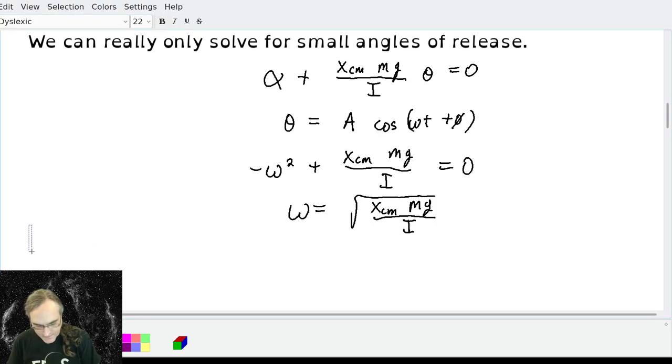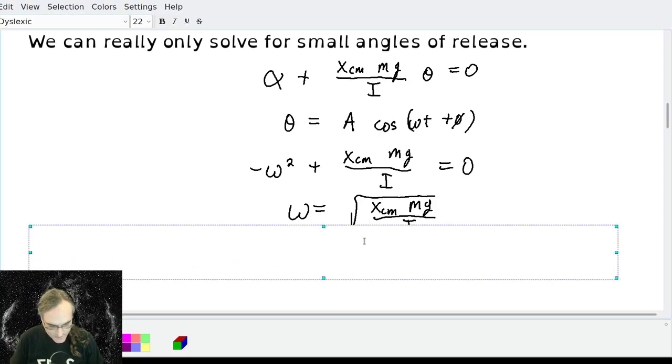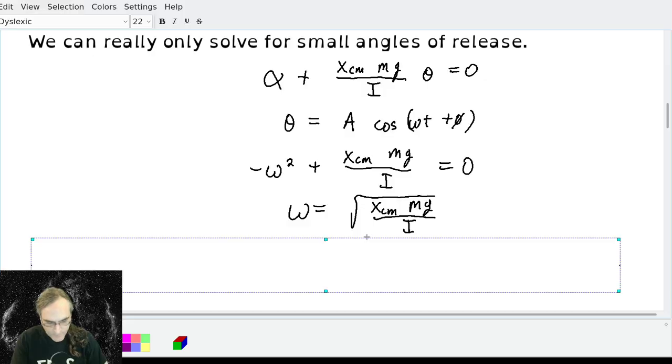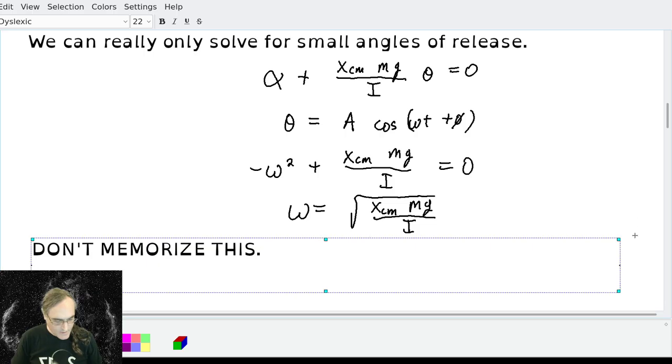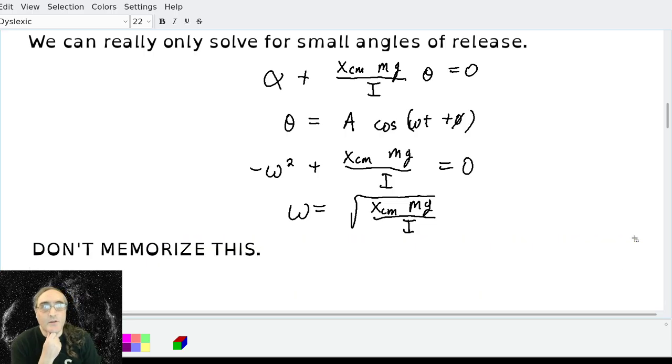But here's the thing. Don't memorize this. What you really want to do every time you're doing a physical pendulum problem is think about it just as it is.